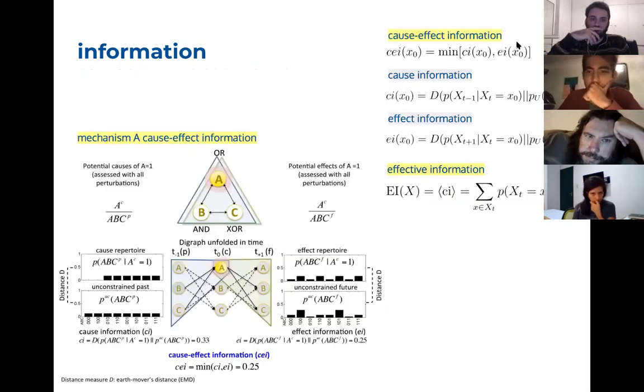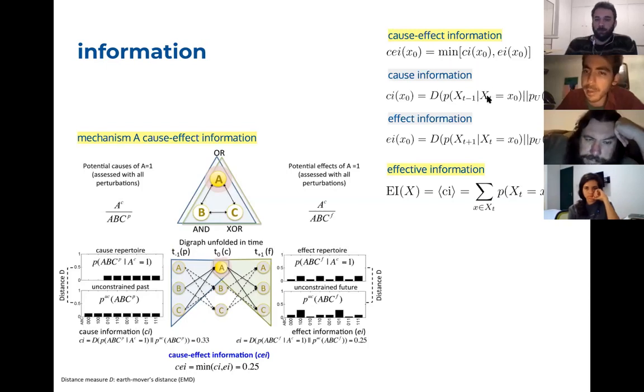So this is just an example. Let me see if this is useful to go through. Formally you have cause information, which is the difference between unconstrained and constrained repertoires, right? Between the probability of a system in a certain state compared to an unconstrained distribution.